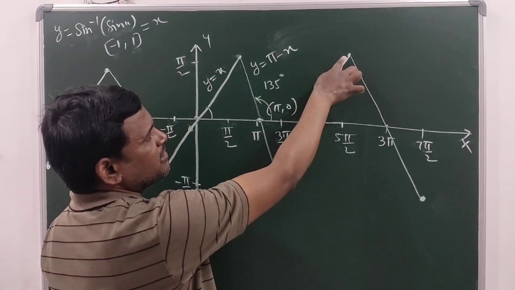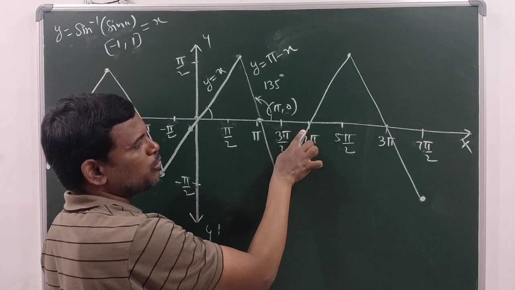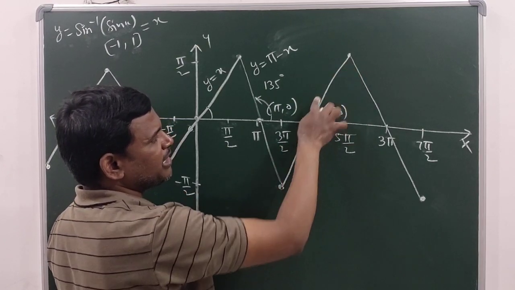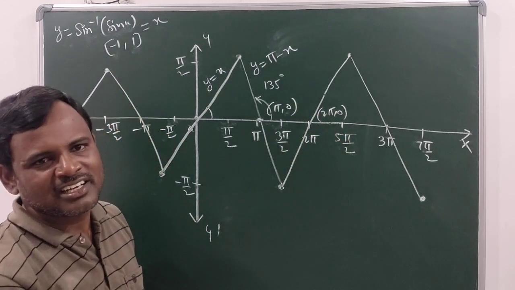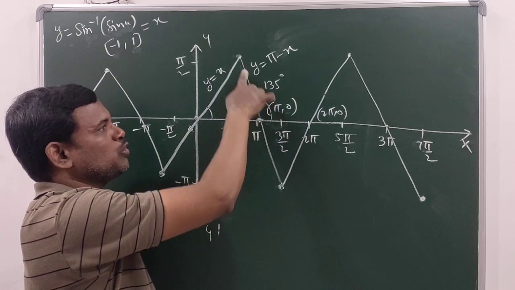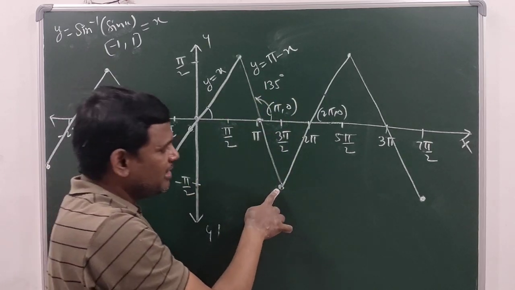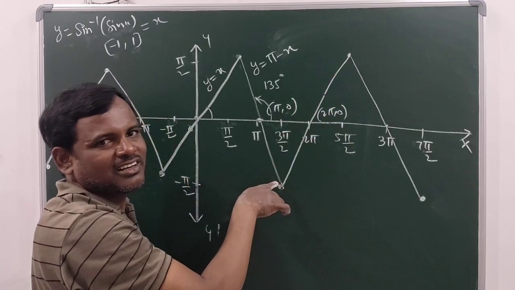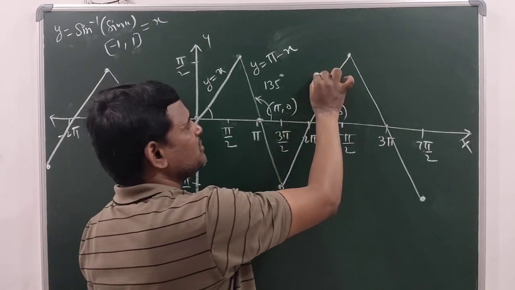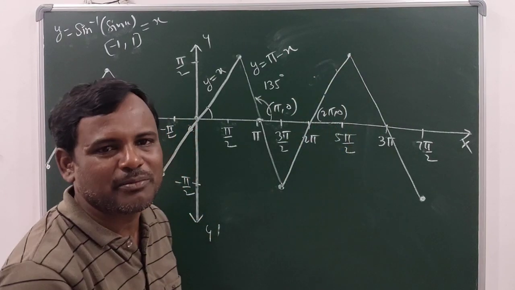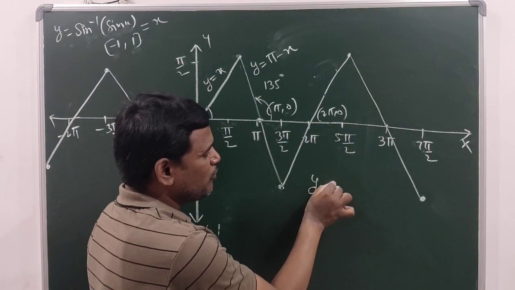See here, the line is passing through the point 2 pi comma 0, and this line is making how much angle with the x-axis? 45 degrees. On the other side, where it is coming like this, it means 135 and the slope will be minus 1. Here it is making an angle of 45 degrees, hence its slope is 1. So here slope is 1, and it passes through the point 2 pi comma 0. Hence apply the point slope form.